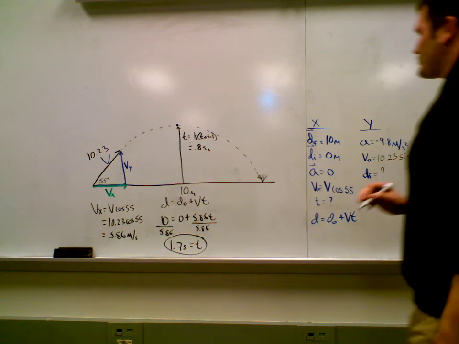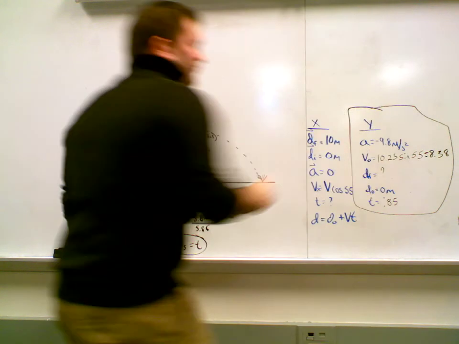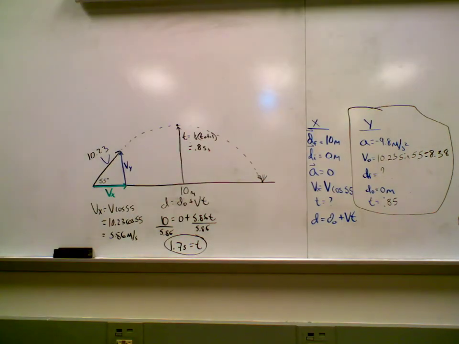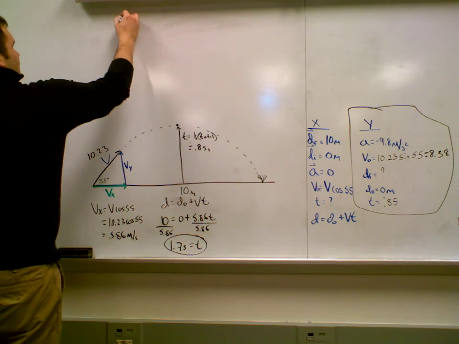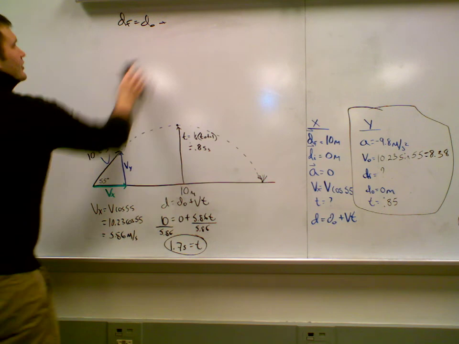8.38. Okay. So what equation should I use to figure out the final height at half the time? 1, 2, 3, 4, 5, 6. Which one? 4. Nope. What equation do we use in the y direction? 3. And this part is more like a problem I would assign for you. Oops. Got ahead of myself.